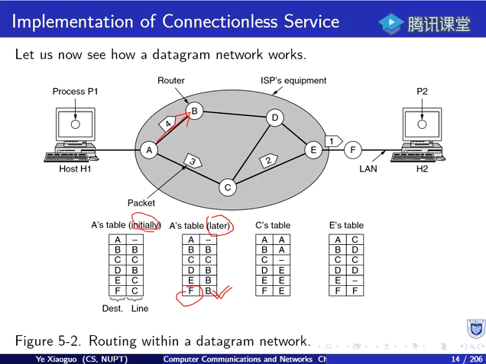Initially, the destination address is F, so the next hop takes C. That is why packet 3 takes this path, and packet 4 takes another path.